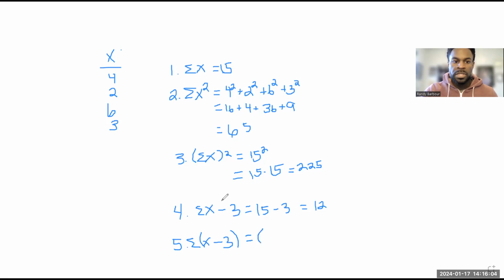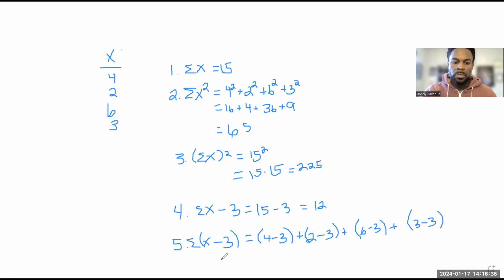You're going to open parentheses, 4 minus 3, close parentheses, plus, open parentheses, 2 minus 3, plus 6 minus 3, plus 3 minus 3.